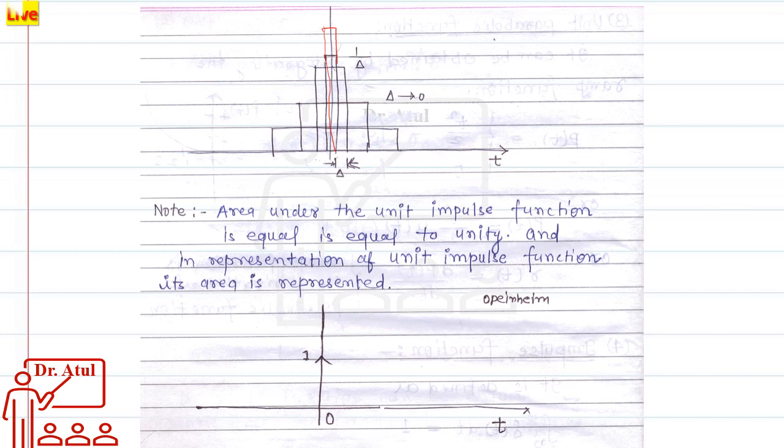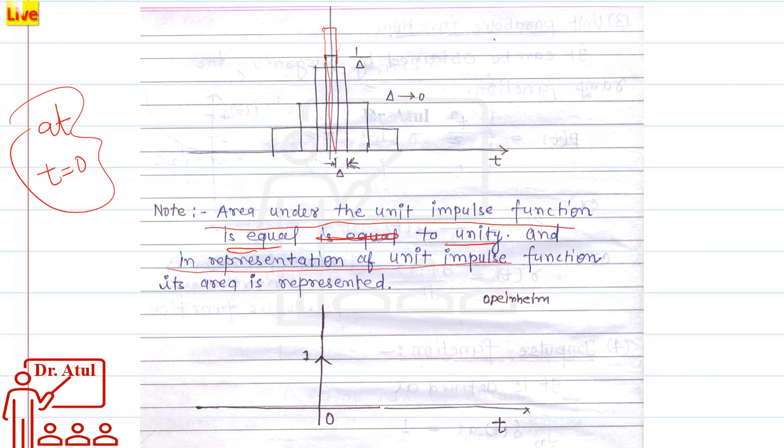So we say at t equal to 0, the value of the impulse signal is infinity, but the area under the unit impulse function is equal to unity. In the representation of the unit impulse signal, its area is represented.